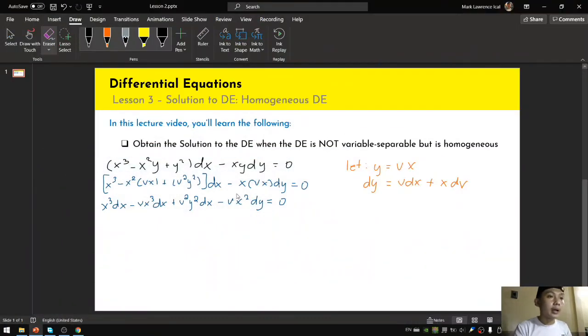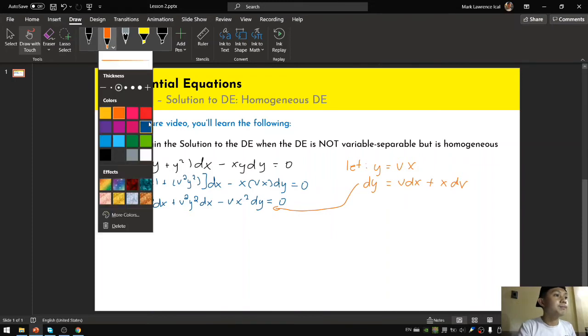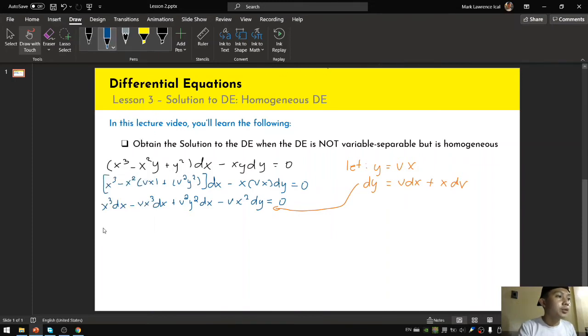Now, going back here, so we're going to substitute y, vx, and then dy. Okay, so we only have dy here. We have dy here. So we're going to put that dy here. So x, lilitan ko lang. Mahaba kasi ang homogeneous.